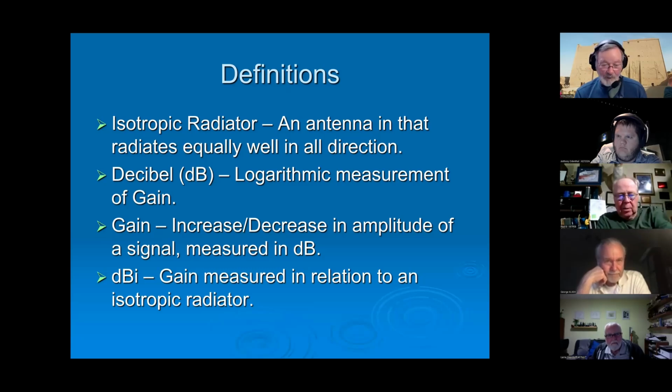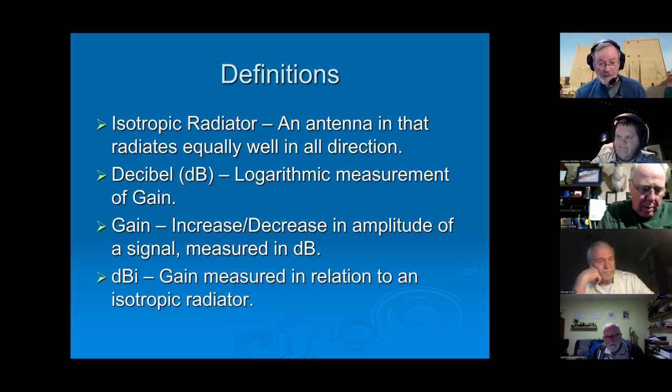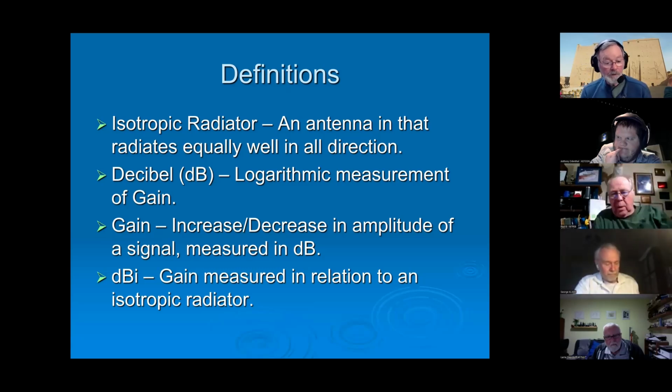Later on you'll understand why it's a logarithmic scale and what that really means, but it's not just one, two, three. It's a scale that goes up very, very quickly. Whenever you see dBi, and I mentioned it earlier, that i means we're talking about isotropic radiation.